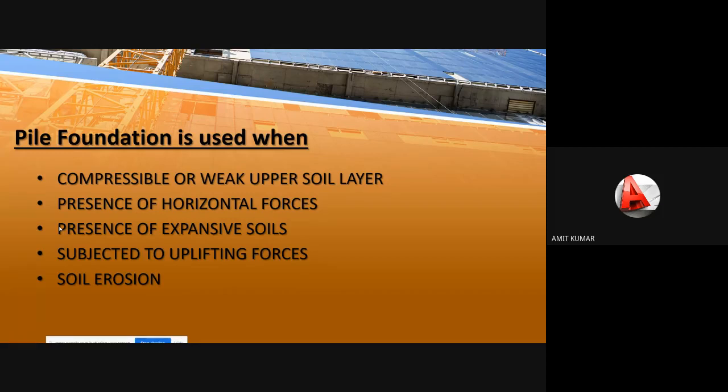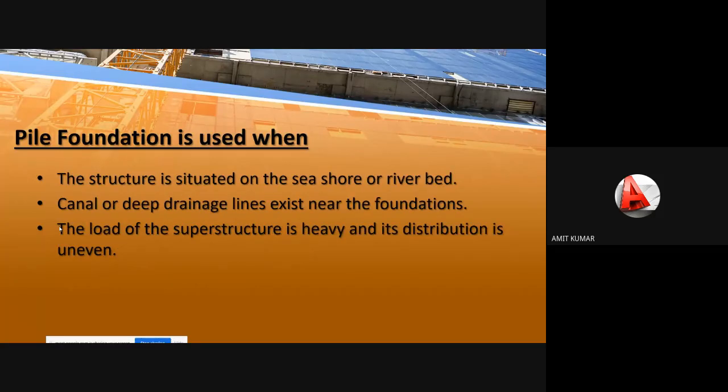Okay, and in the presence of horizontal forces also, if the horizontal forces are very high, like your seismic and wind, in that condition you can use the pile foundation also.